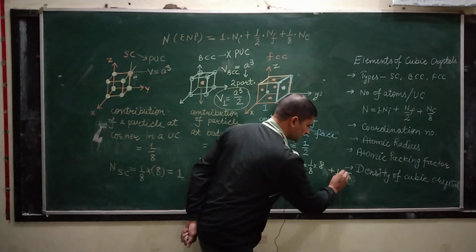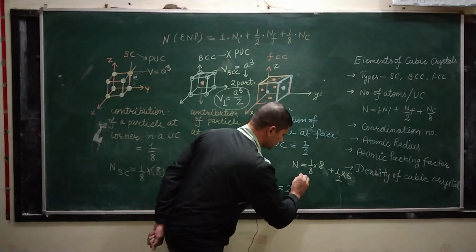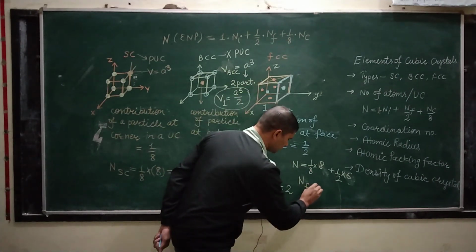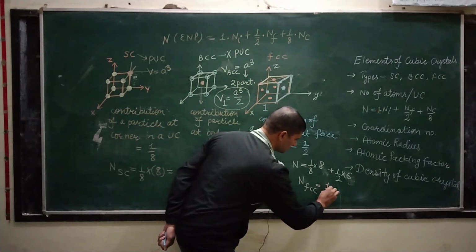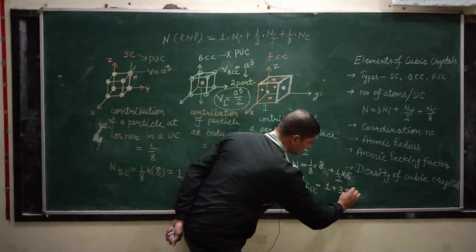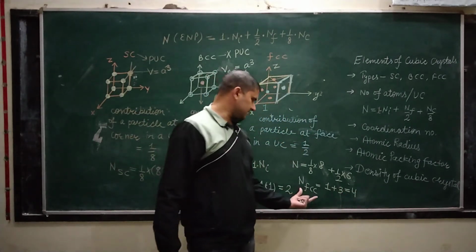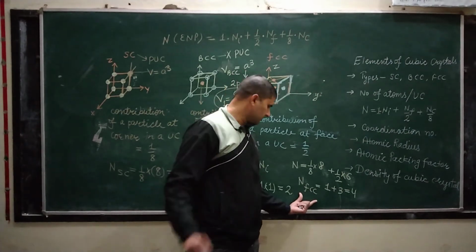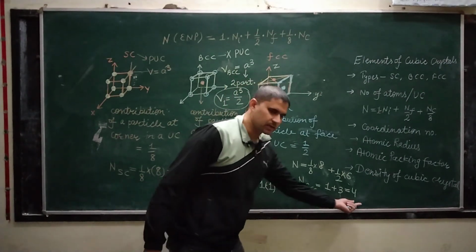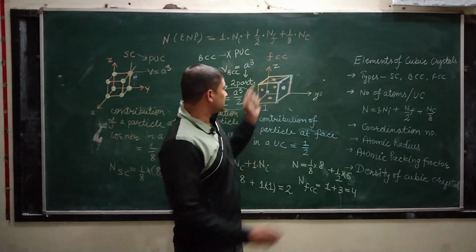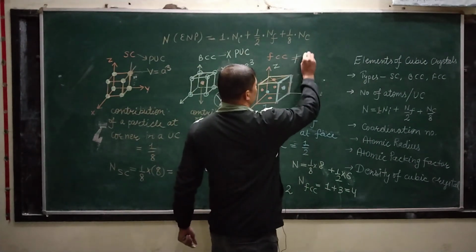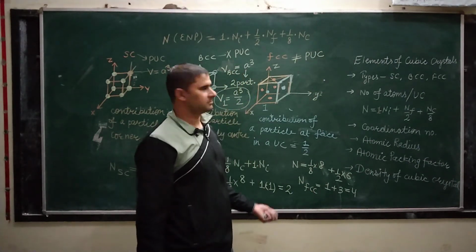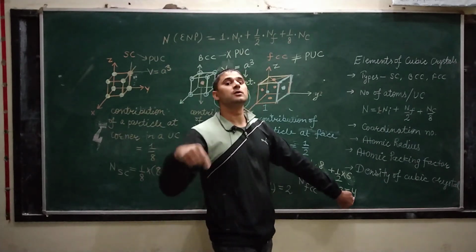If you solve it, the effective number of particles in FCC is equal to 1 plus 3, that is 4. So class, in a primitive unit cell the number of particles is 1 and in FCC it is 4. So FCC is also not a primitive unit cell, because the number of particles is more than 1.